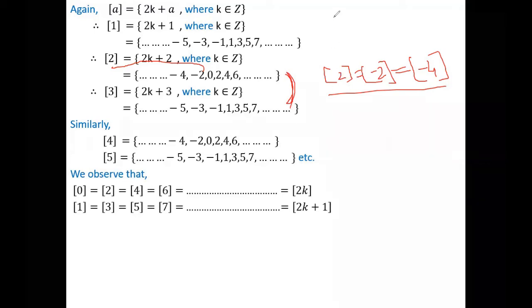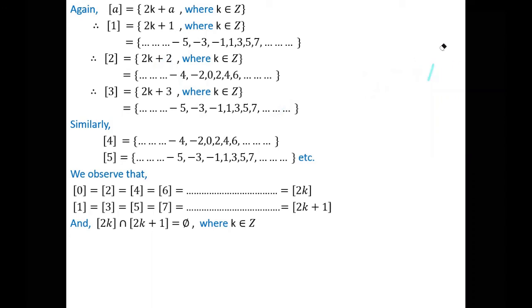As they don't have any element in common, we can say that this one intersection this one is equal to the empty set. So from here we can observe that if one element is inside an equivalence class, then that equivalence class will be the same as the equivalence class of that element. And if there is no such common element, then their intersection is the empty set.